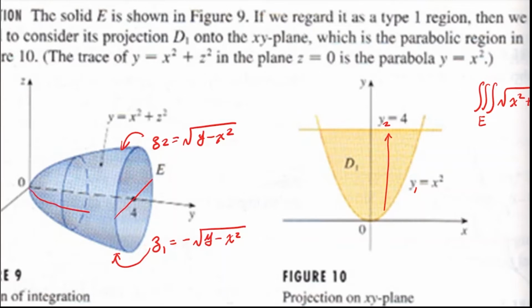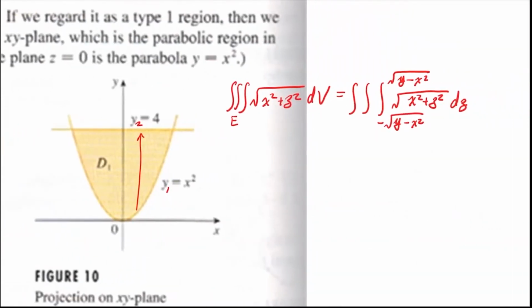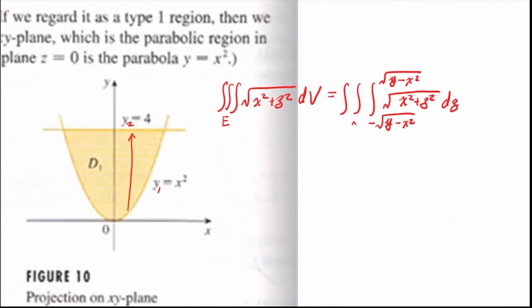That cross section is our region D. Do you see it inside that picture? Right, that our D is always on the XY plane or some kind of plane. So your limits of integration have to go from y1, which is x squared, to y2, which is 4. Good? Right? And then finally, this is -2 and +2, right?